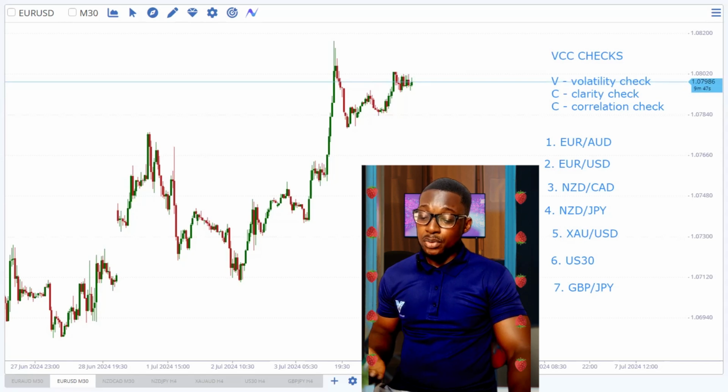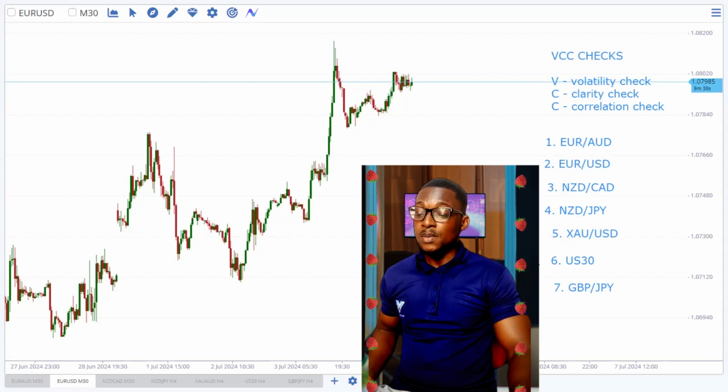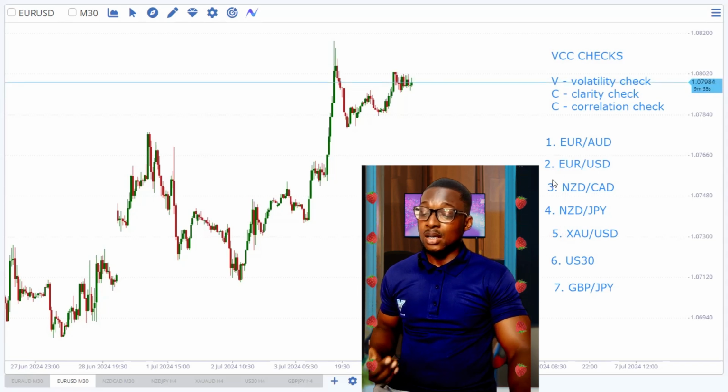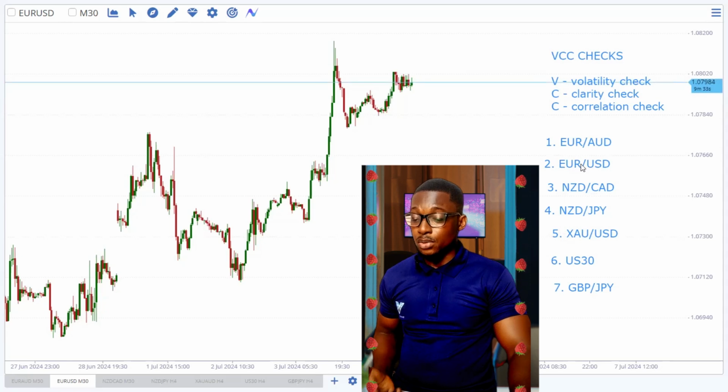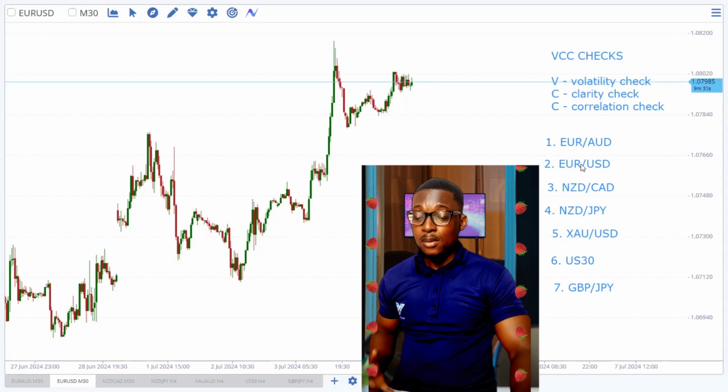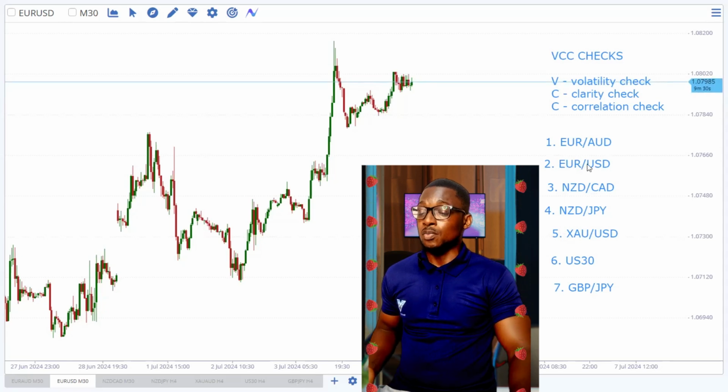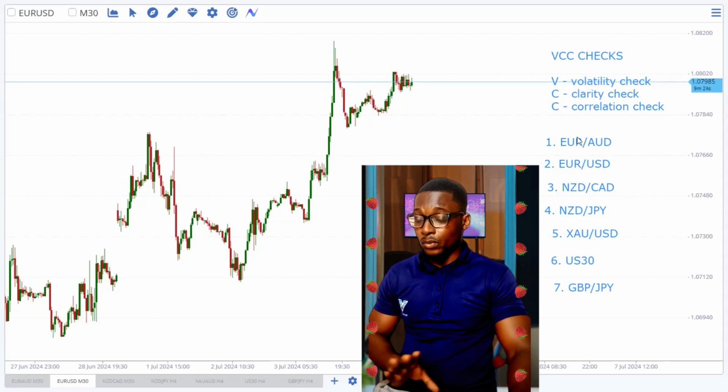For example, if you trade USDT, your stop loss for this type of trade could be about 70 pips, 50 pips. But when you trade a market like EA or EU, EURUSD, your stop loss in this type of market could be about 20 pips, 30 pips, and you are good to go. So different markets have different levels of volatility.